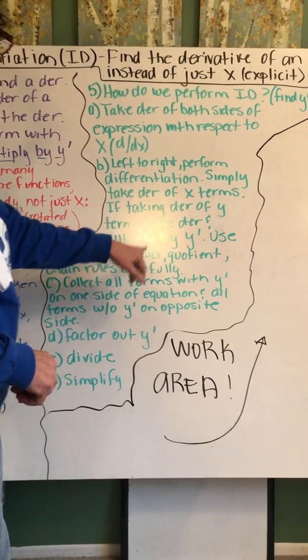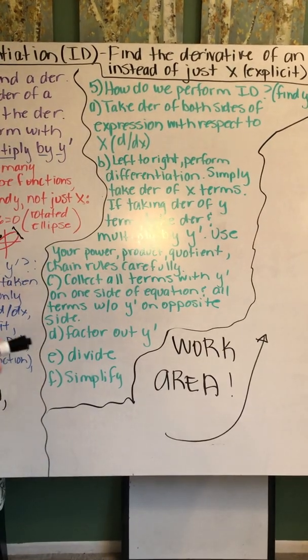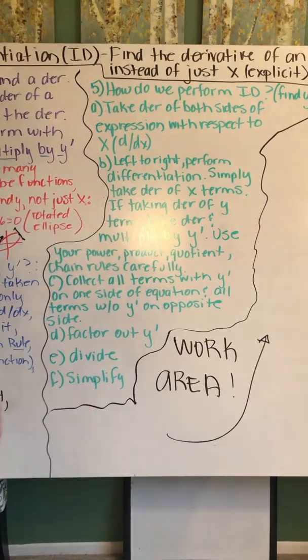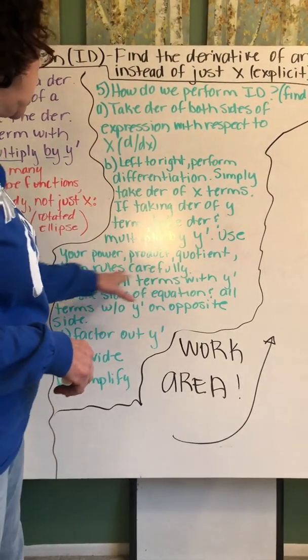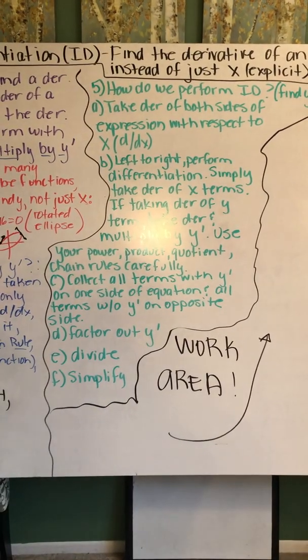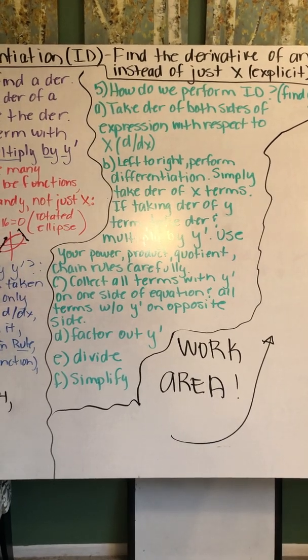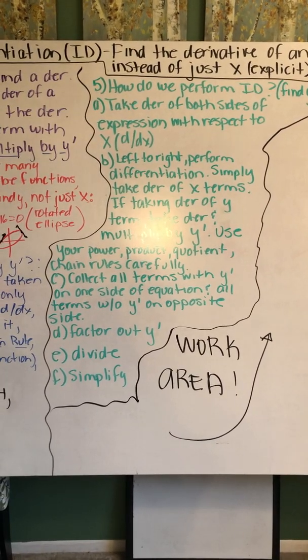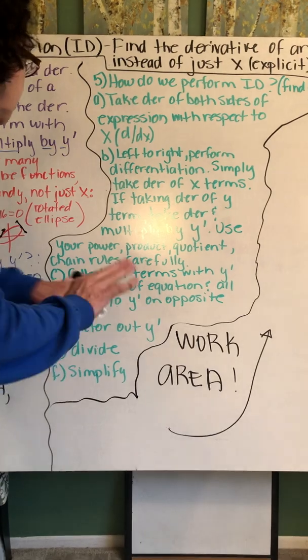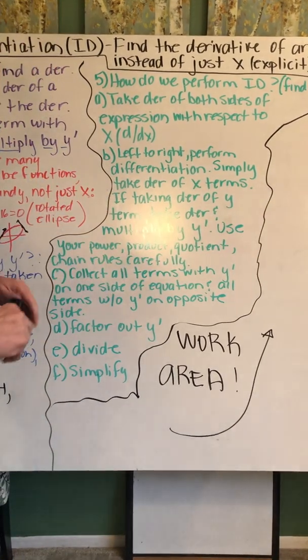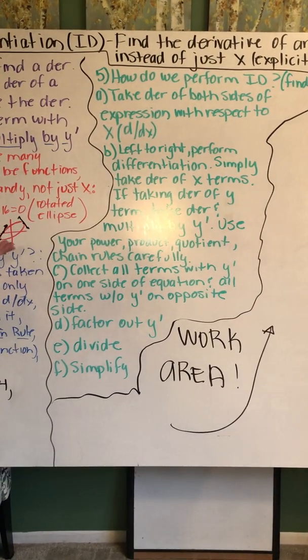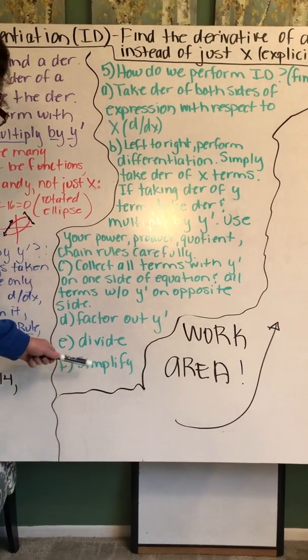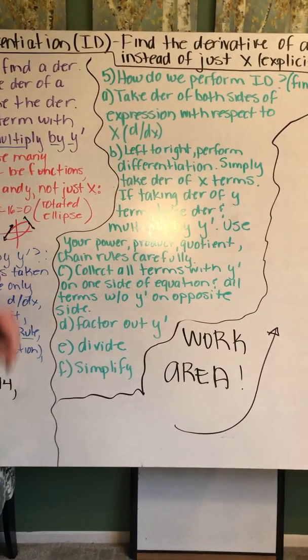If taking a derivative of a y term, take the derivative and multiply by y prime. Use your power, product, quotient, and chain rules carefully. You know what those are. C, collect all terms with a y prime on one side of the equation and all the terms without a y prime on the opposite side of the equation. Factor out your y prime, divide, simplify. Whew, sounds easy, doesn't it?